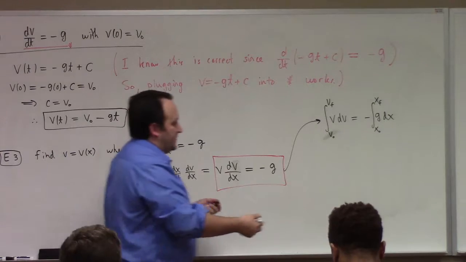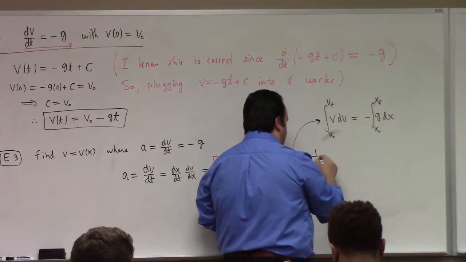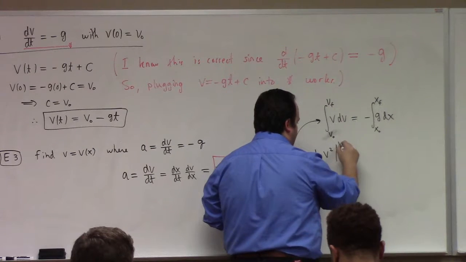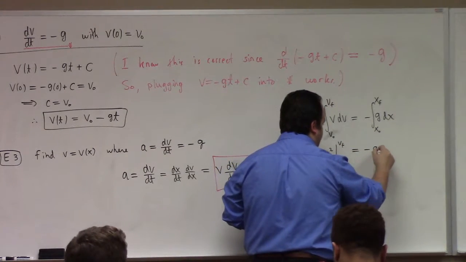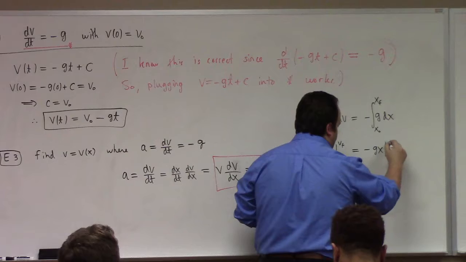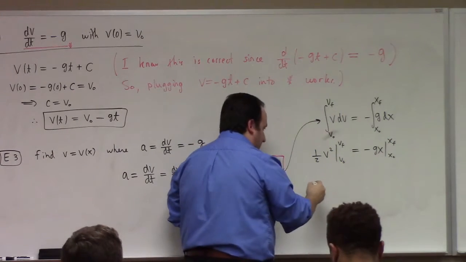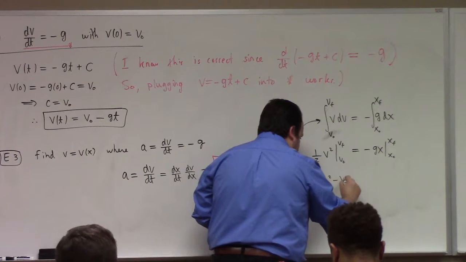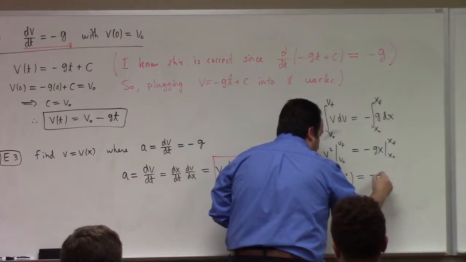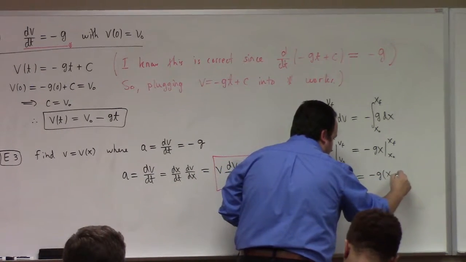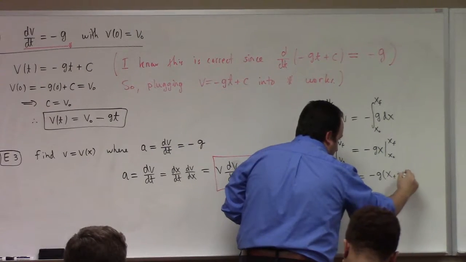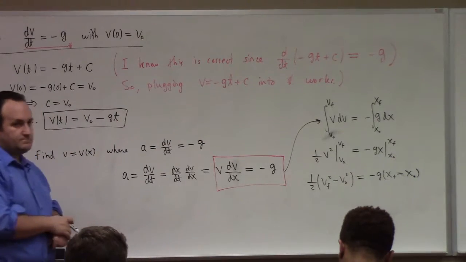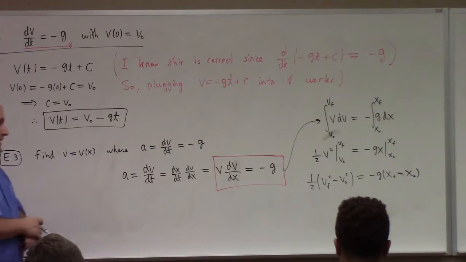This is really just a slick notation for a u substitution theorem. But anyway, what happens here? This side gives us 1/2 v squared, evaluated from v naught to vf, and the other side we've got minus gx, evaluated from x naught to xf, right? So you do the fundamental theorem of calculus, you got your 1/2 vf squared minus v naught squared is equal to minus g times xf minus x naught. And then what?